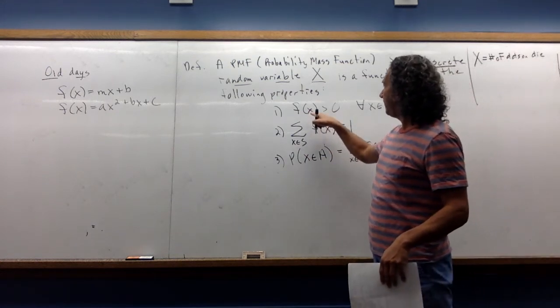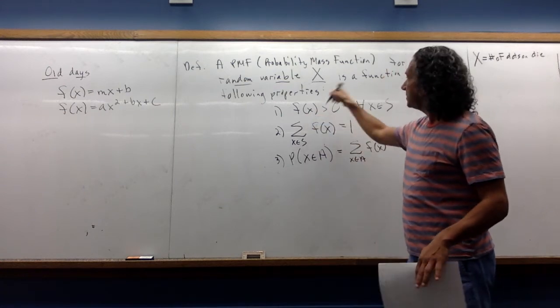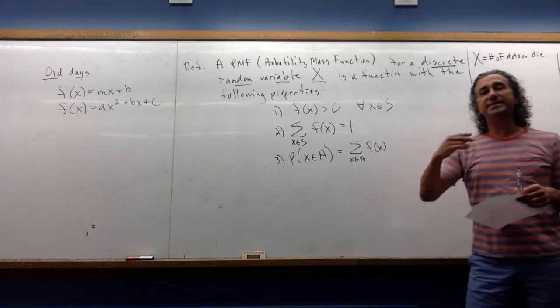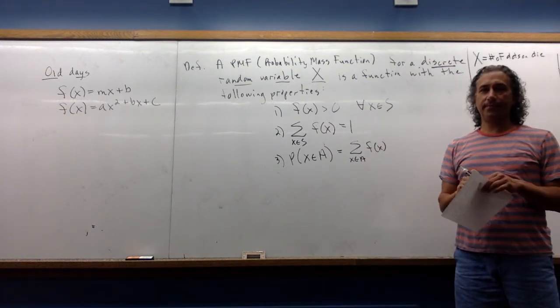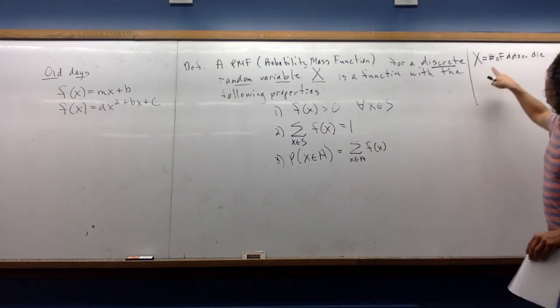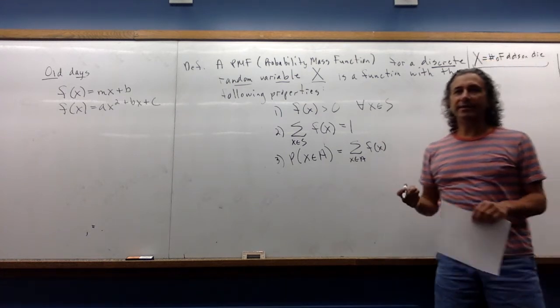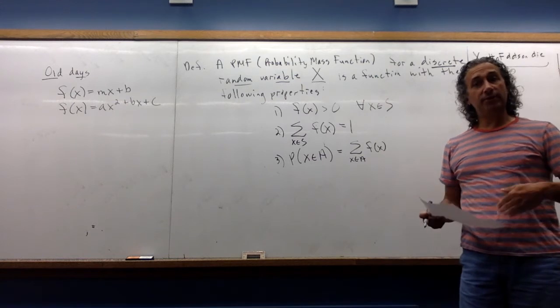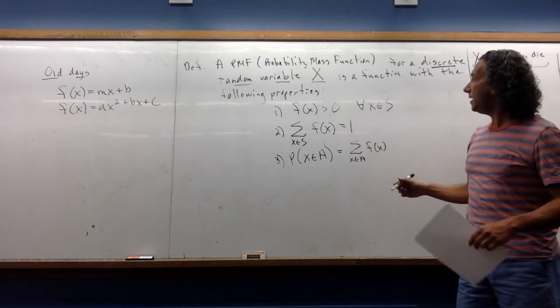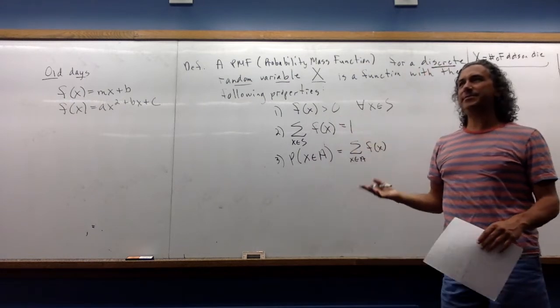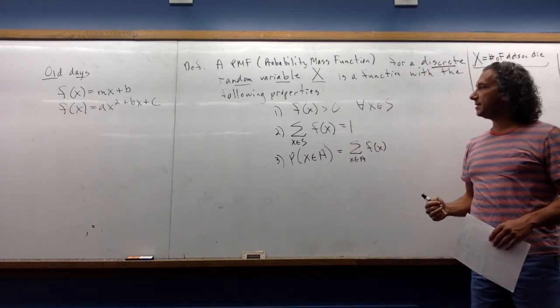When I talk about little x here, little x are the specific values that I'm putting in. Here, capital X is representing the whole process, but little x could be 1 or little x could be 2. That's an example. As I said, the output has to be positive. That makes sense to me because we're dealing with probabilities.